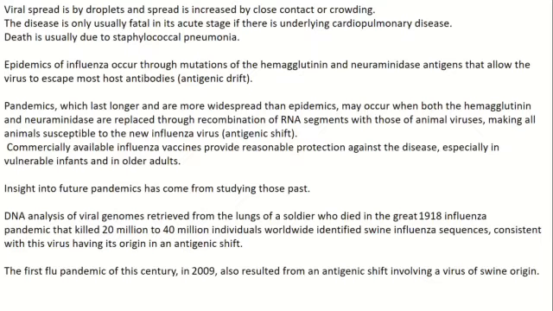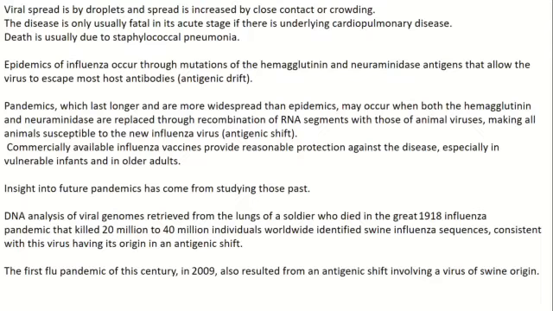Antigenic shift. Commercially available influenza vaccines provide reasonable protection against the disease, especially in vulnerable infants and in older adults. Insight into future pandemics has come from studying those past.